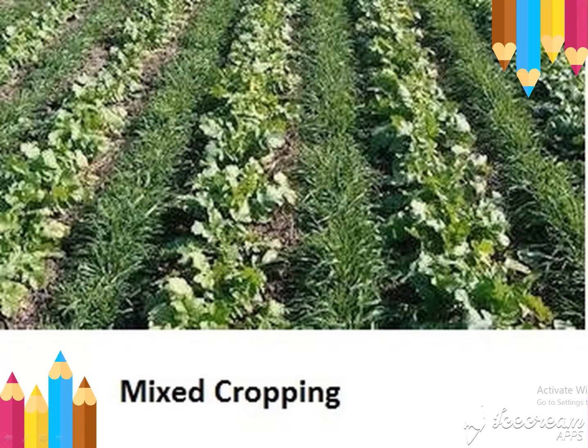The first one is mixed cultivation. Here, two or more different types of crops are sown in a particular field at the same time.